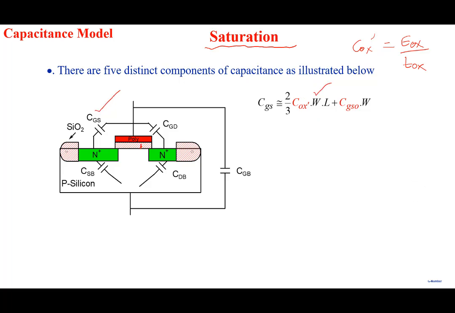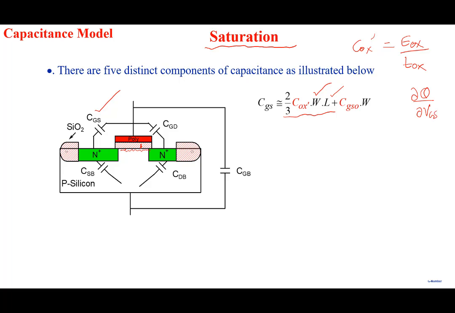W, width of the transistor, and length of the transistor we have discussed. This is the component that comes about from the channel. Between gate and source you have N plus and all that, but you also have the channel here, right? Charge in the channel. Just keep in mind that capacitance comes about because of change in charge with respect to voltage.